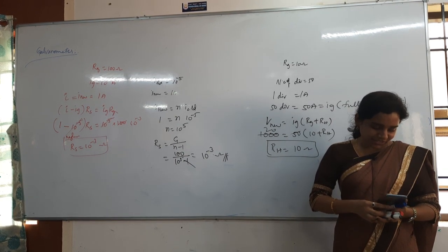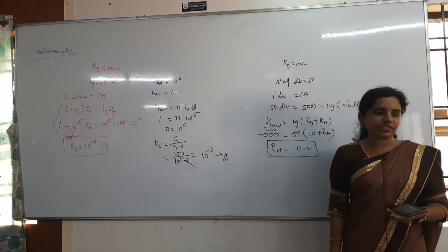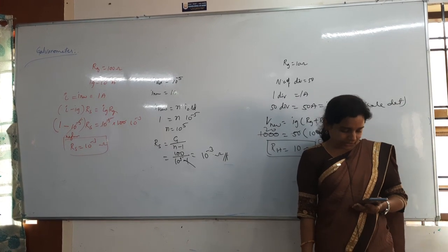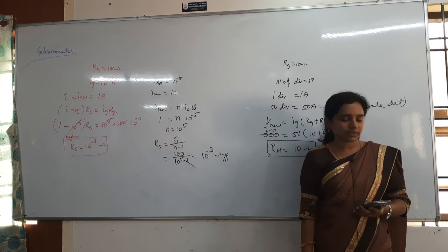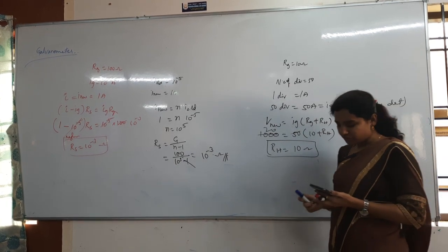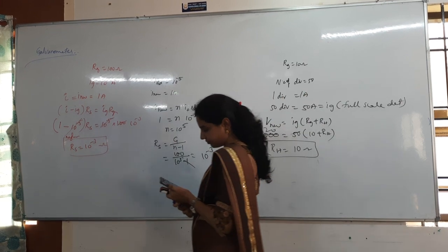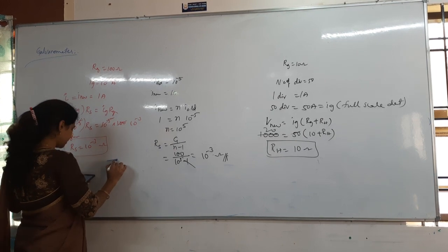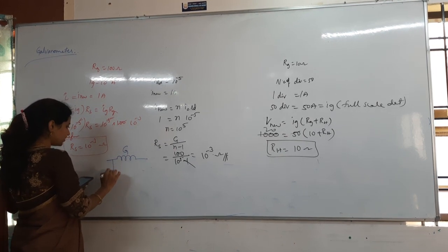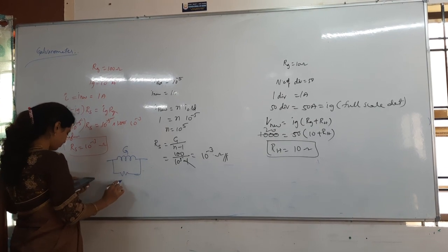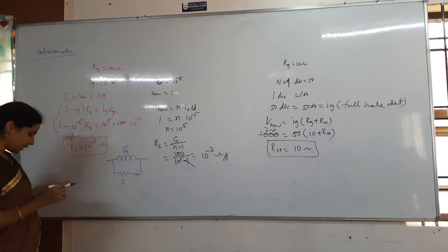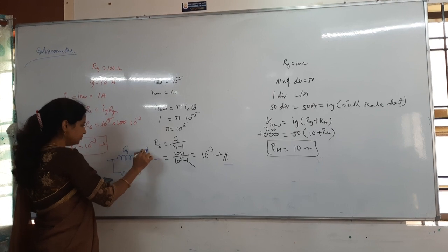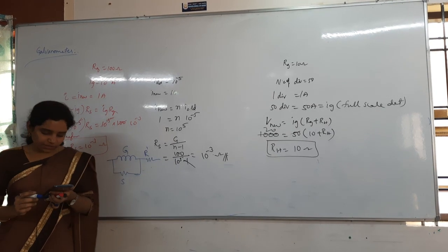Resistance of a galvanometer is G. It is shunted by a resistance S. A series resistance is connected with this meter.